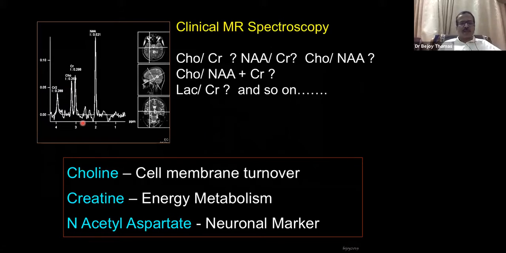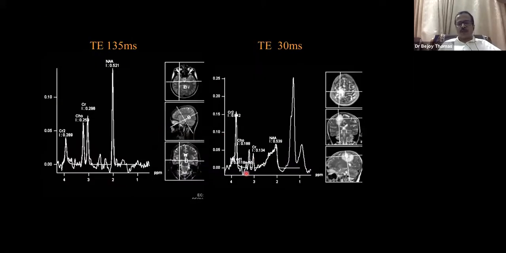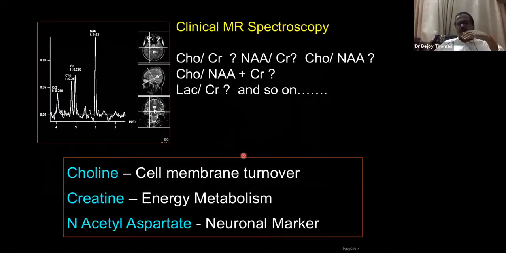Choline is a cell membrane turnover marker, and if I go back, you see at 3.5 ppm at the low TE, 3.56 or 3.59 ppm, whatever, between 3.5 and 3.6, you can see a myo-inositol peak also, which I will talk about in the subsequent sections.